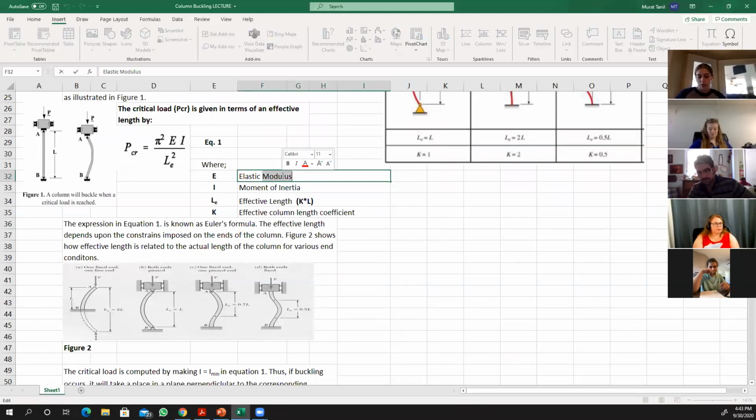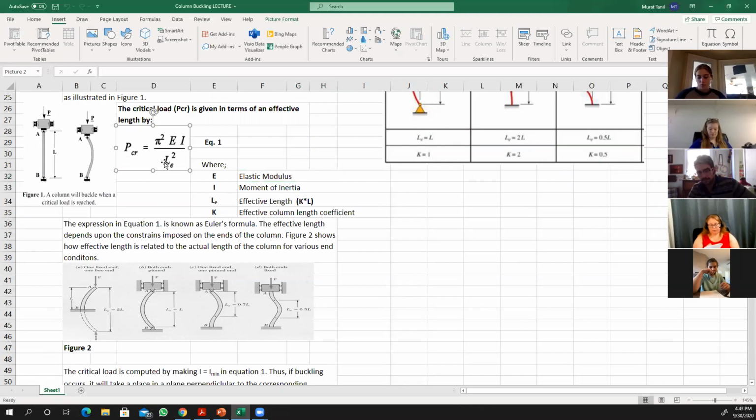When you're designing a column, you should know the P critical, the critical load. That load is the maximum load that you can apply to this column before it fails. When your column is in this shape, that means it has already failed, right? So I'm trying to prevent this from happening.